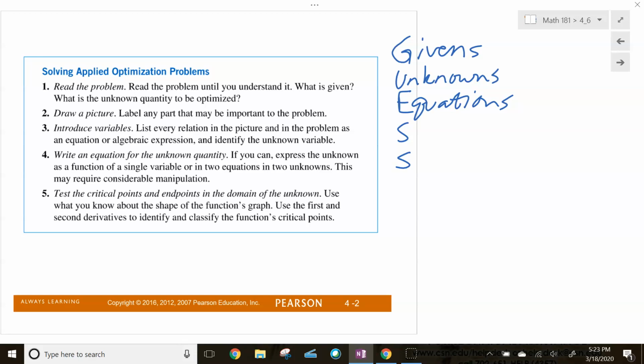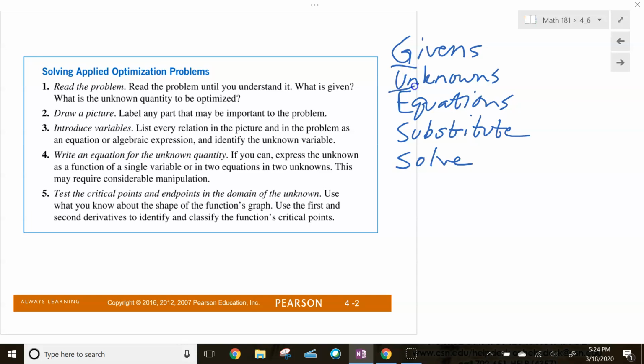Like you should know, if you're dealing with a circle, the area of the circle is pi r squared. Then you're likely to make some sort of substitution, typically with a given or maybe some unknown that you had to solve for. Make a substitution and then you'll solve. If you're doing just algebra, you use algebra. If you're doing these applied optimization problems, you're going to be doing some calculus.